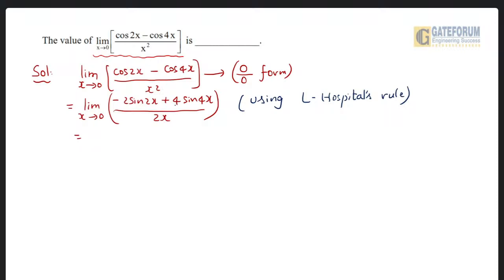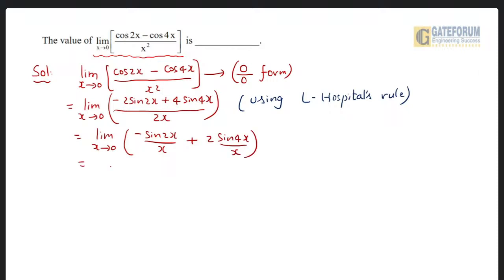You can apply L'Hospital a second time, or just separate into two parts. We know that the limit of sin ax by x as x tends to 0 is a. Using that method also you will get it. The limit of a sum of functions is equal to the sum of their limits. Minus 2 sin 2x by 2x, and 4 by 2, that is 2 sin 4x by x.